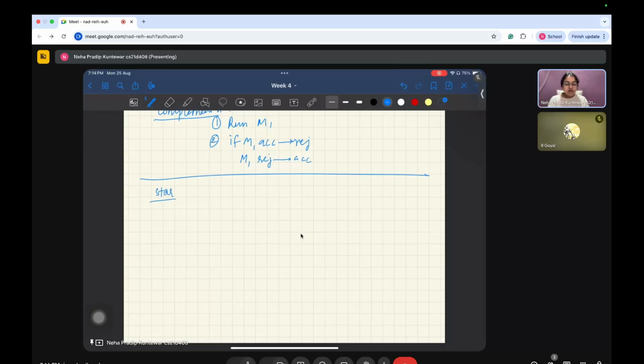Okay, so what does L1 star look like? It's going to be x1 x2 to xk, such that each xi is in L1.